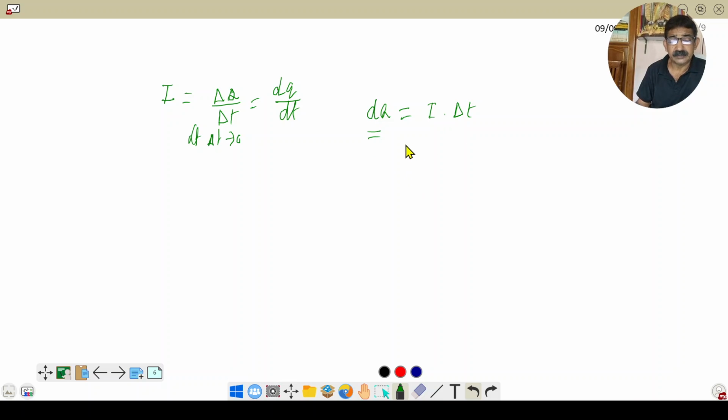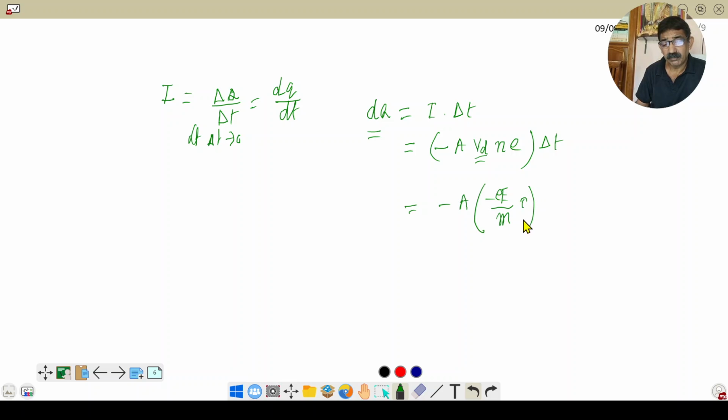and I delta t is equal to minus A vd n e, and we have the expression for vd, which is equal to minus e by m into tau, into n into e into delta.